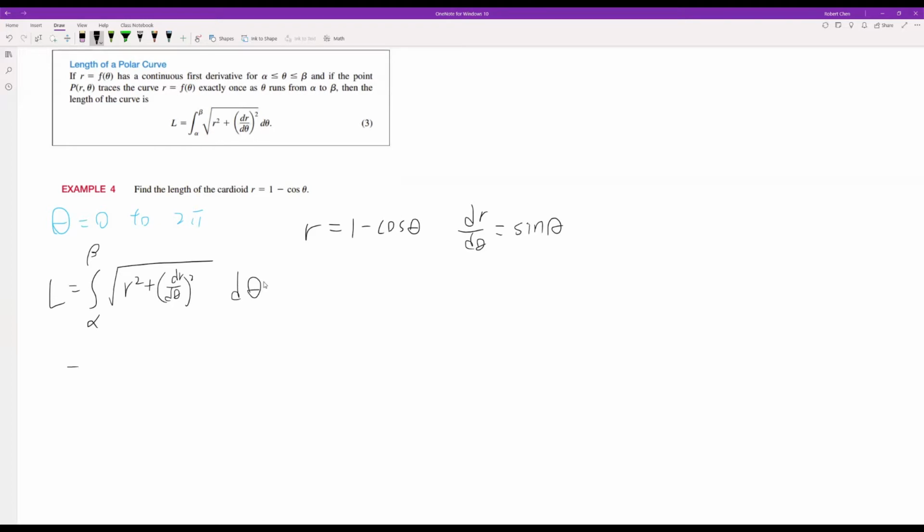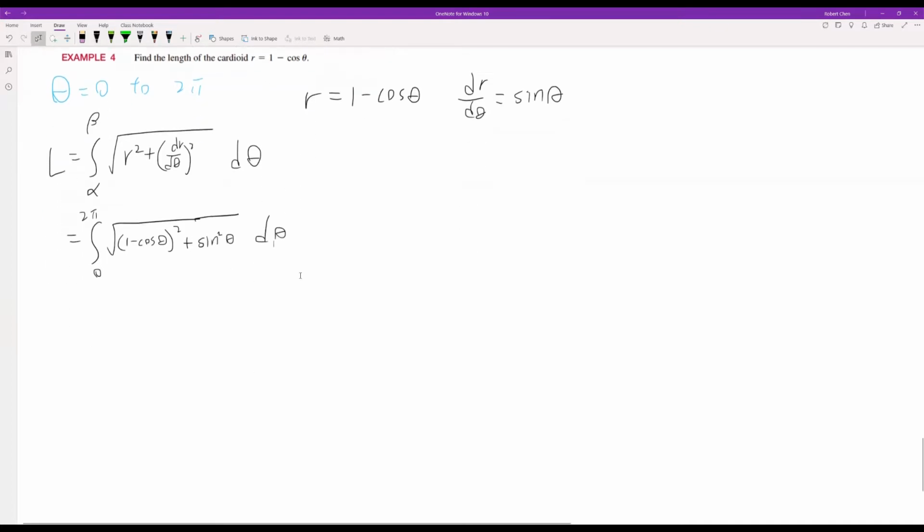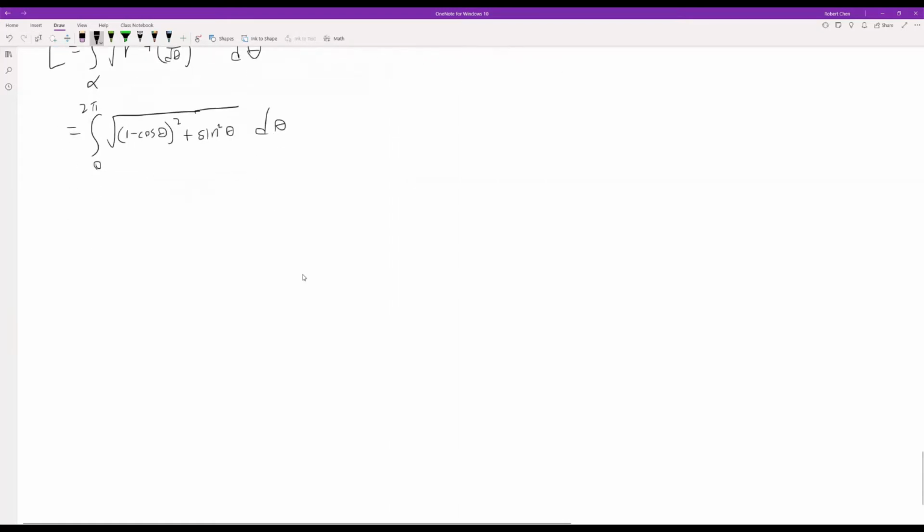Let's plug everything in: from 0 to 2 pi, the square root of r squared, so that's (1 minus cosine theta) squared, plus (dr/d theta) squared, that's just sine squared, d theta. From this point on, it's just evaluating the integral from 0 to 2 pi.